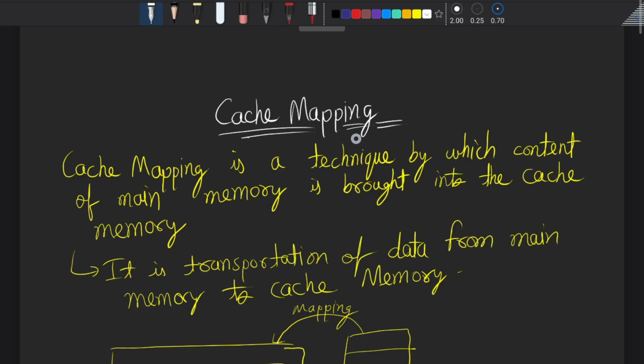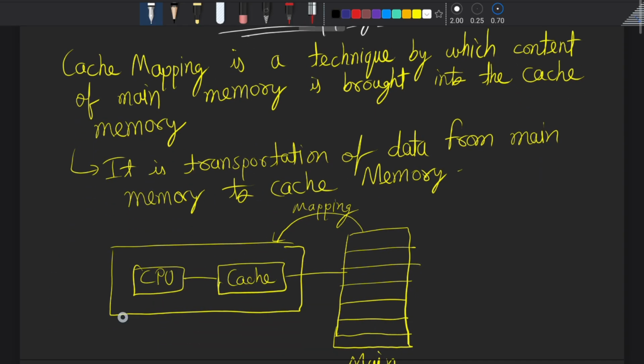So cache mapping tells us the technique by which content that was not in cache and was in main memory is brought into the cache memory. So it is the transportation of data from main memory to cache memory.